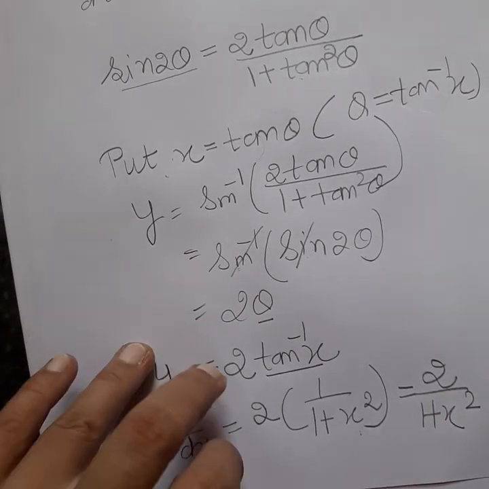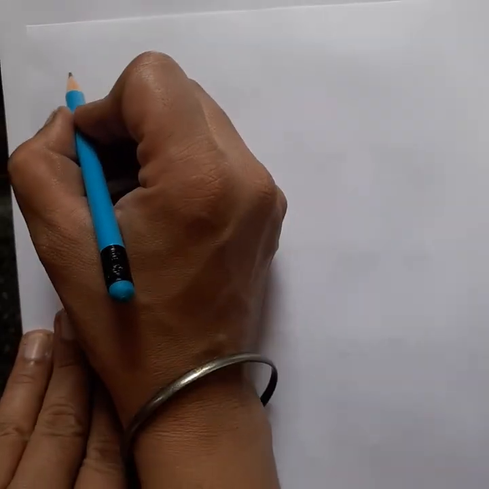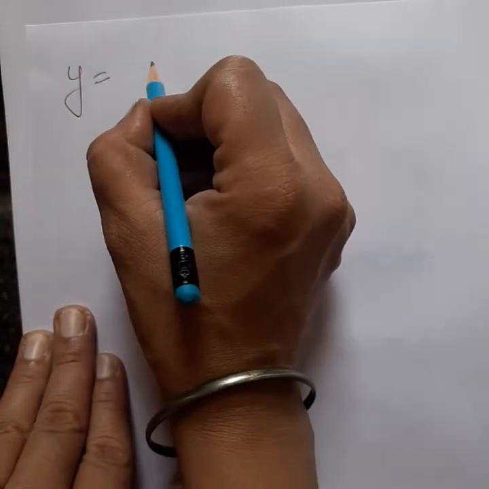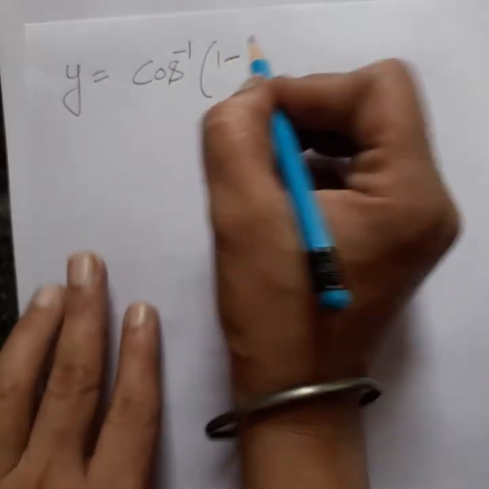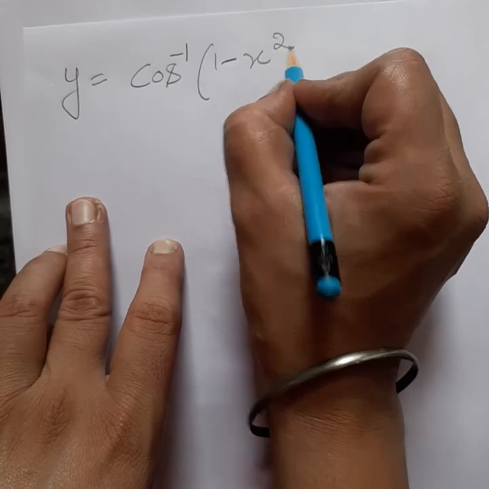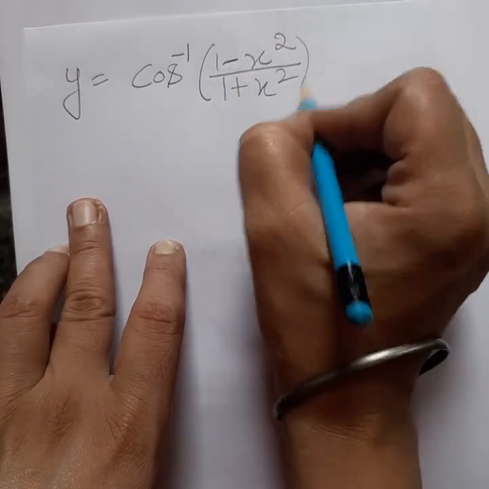Now we move on to our second question. Let us take y is equal to cos inverse of 1 minus x square upon 1 plus x square.